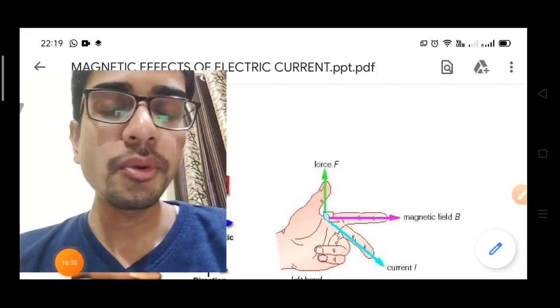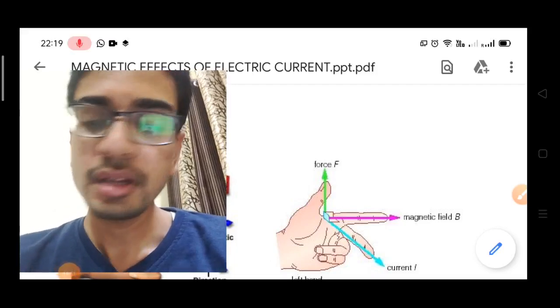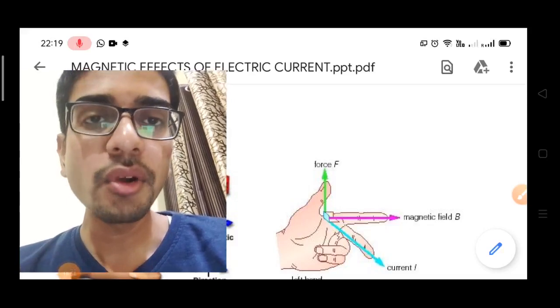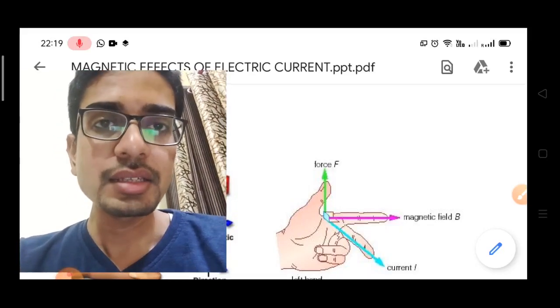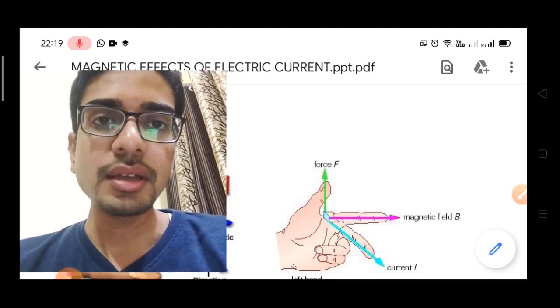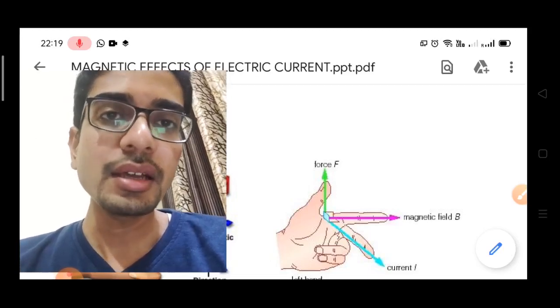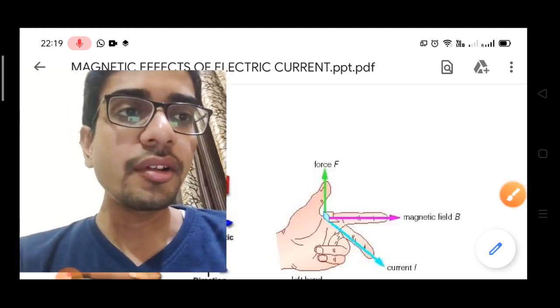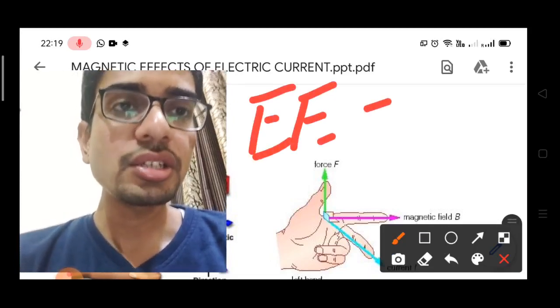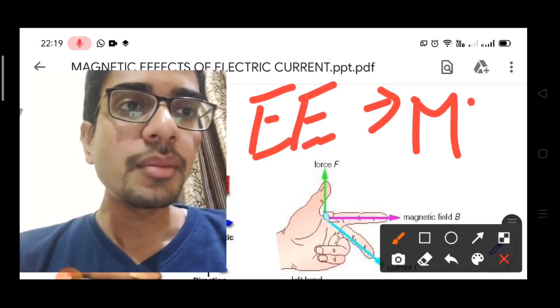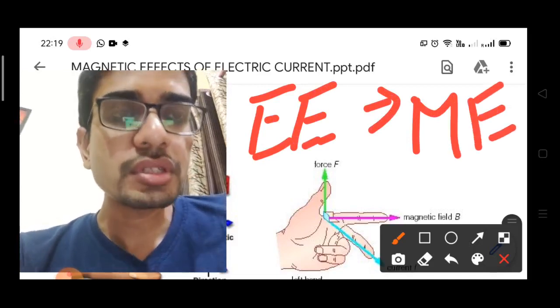So the most important application of this concept is in the electric motor. What is an electric motor? An electric motor is a device which converts electrical energy to mechanical energy. Electrical energy means the energy from current, into mechanical. Mechanical means work, force.